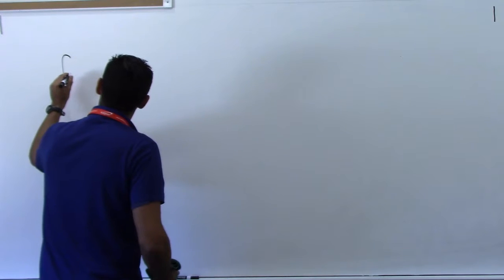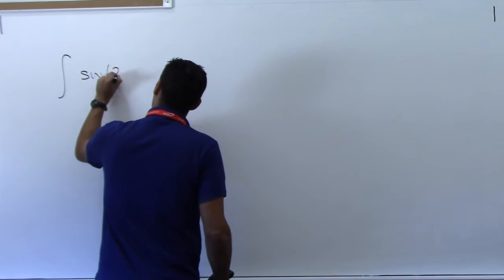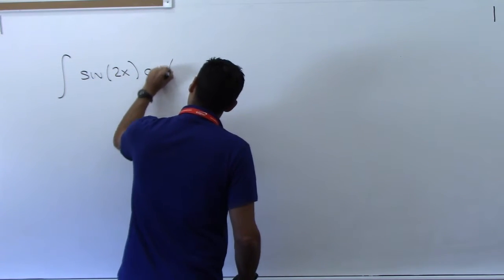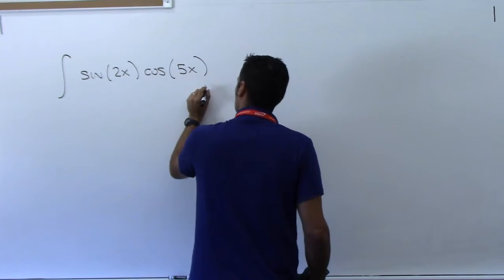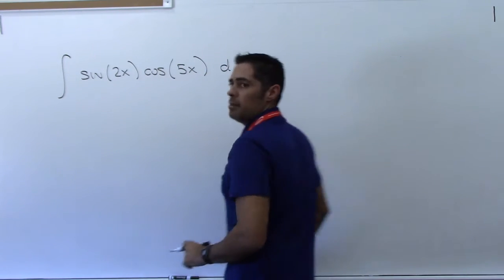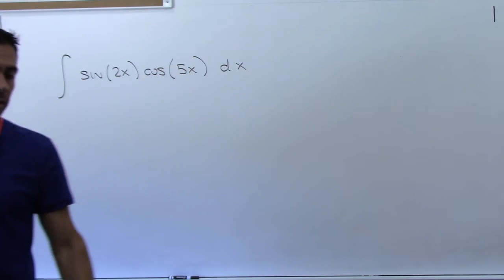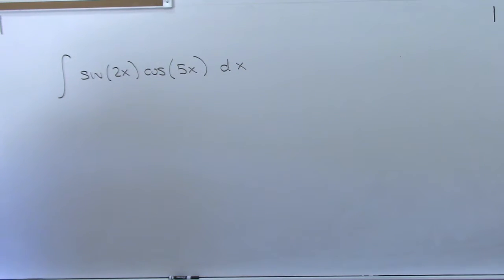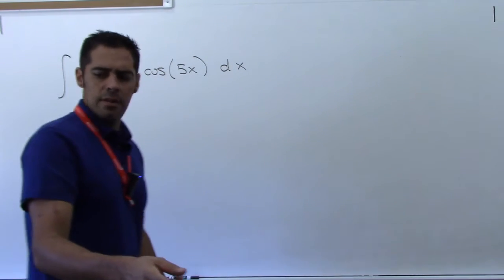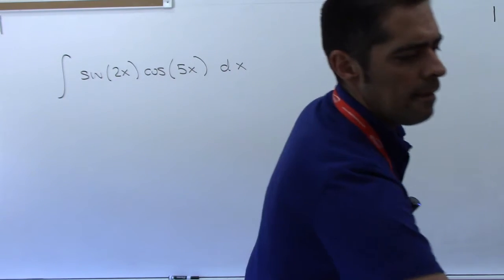Yeah, it's sine 2x, cosine 5x. And it's just a constant. Okay, so in your trig formulas, you have your formula sheets there? Let me see that.